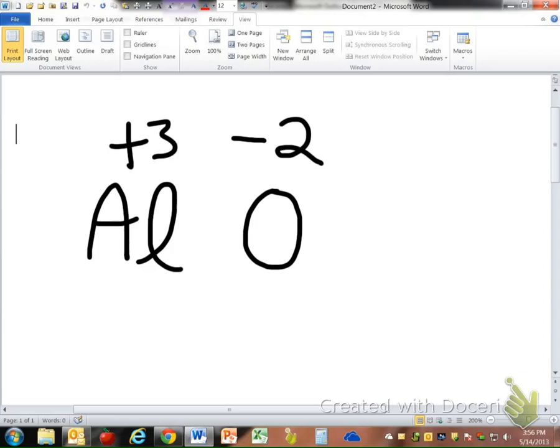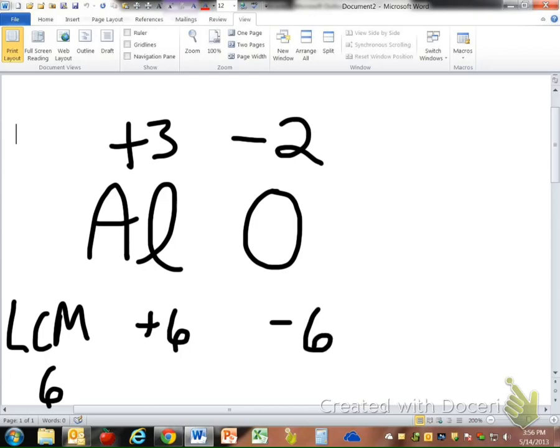Long way first. The least common multiple of 3 and 2 is 6. So I'm going to make them both equal 6, positive and negative. How many 3s will make a 6? 2 of them. How many 2s will make a 6? 3 of them will. Now I have positive 6 and negative 6, and that is 0.